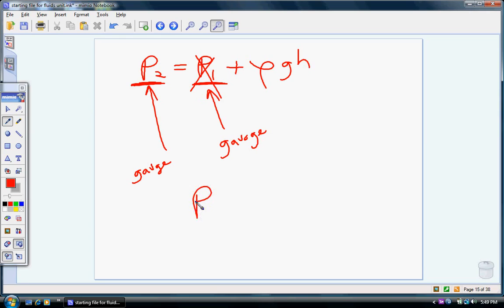So basically, P2, the gauge pressure, in that case, would equal rho GH. So basically, the formula P2 equals P1 plus rho GH just simplifies to P2 equals rho GH if you're figuring out the gauge pressure and your top point pressure is equal to 0 gauge pressure for atmospheric pressure.